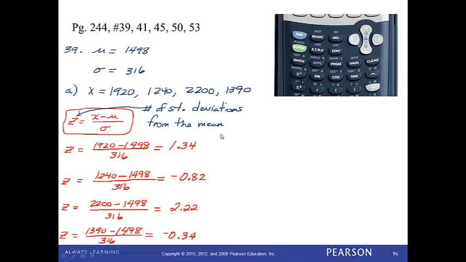And remember, unusual was if I was 2 or more standard deviations away. So who's 2 or more? 2.22. So therefore, an SAT score of 2200 is unusual.